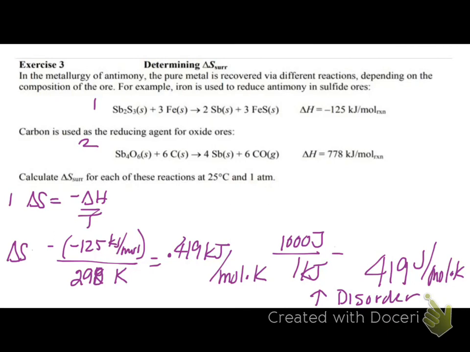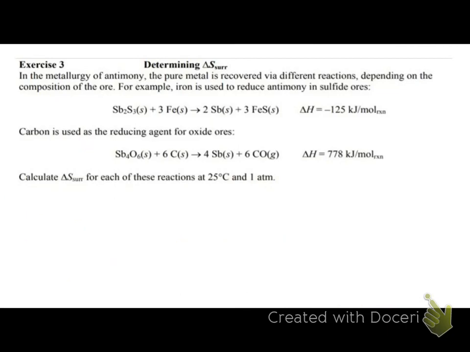So now let's do the next one. I'm going to have to erase this because I don't have room to write. So say goodbye. For the second one, delta S is equal to a negative 778 kilojoules per mole. If you wanted to make that into joules, you can. I just like to do it at the end, it's my preference.